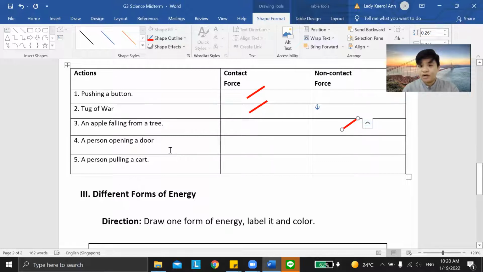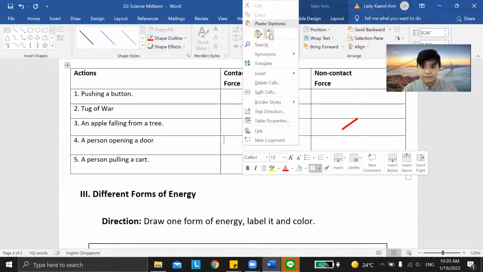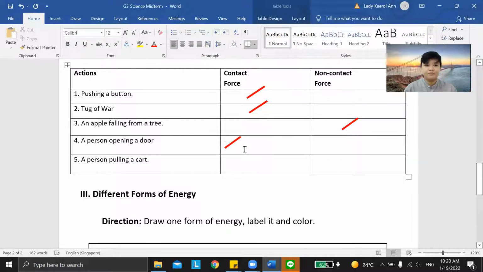For number four, a person opening a door. So basically you are touching the doorknob. So it is considered as contact force. Next one, a person pulling a cart.